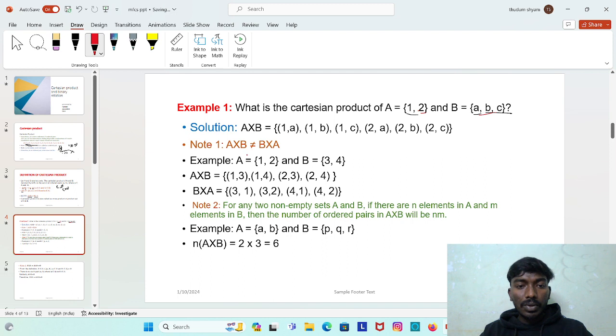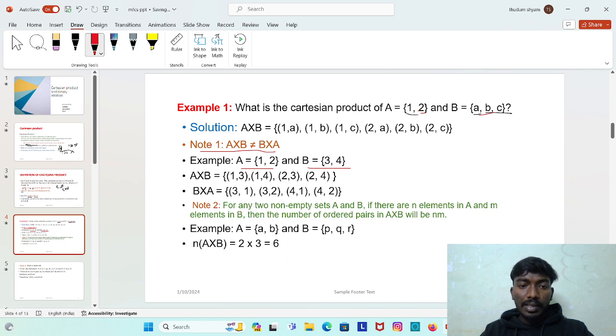Another example: if A is equal to {1, 2} and B is equal to {3, 4}, here we are verifying that A × B is not equal to B × A. The cross product A × B is (1, 3), (1, 4), (2, 3), (2, 4). The cross product B × A is (3, 1), (3, 2), (4, 1), (4, 2).